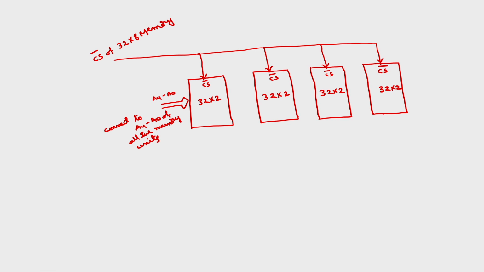So the first memory will give 2 bits of the data, D1 to D0, MSB and LSB. First you have to represent MSB and then LSB. This will give D3 to D2, this will give D5 to D4, this will give D7 to D6.